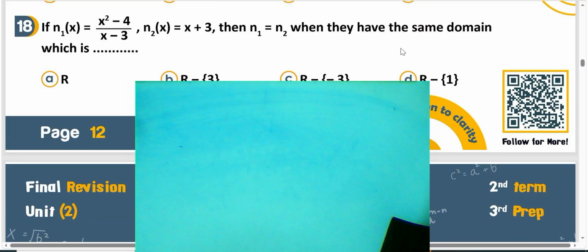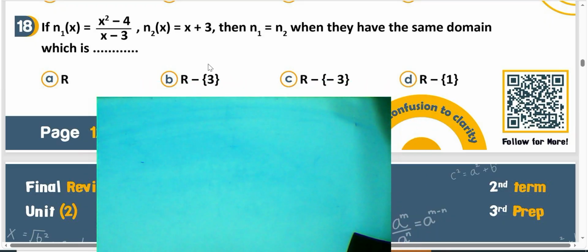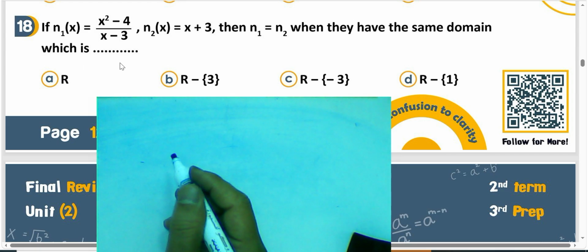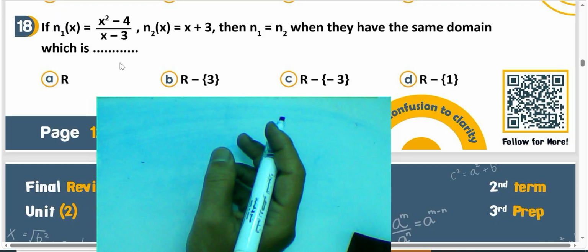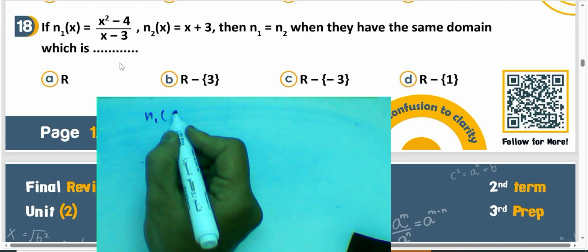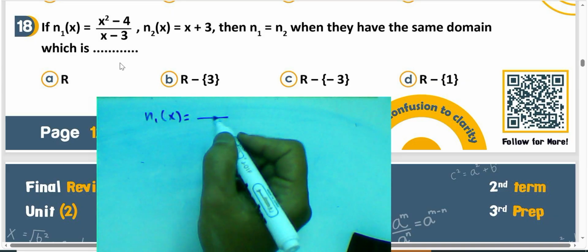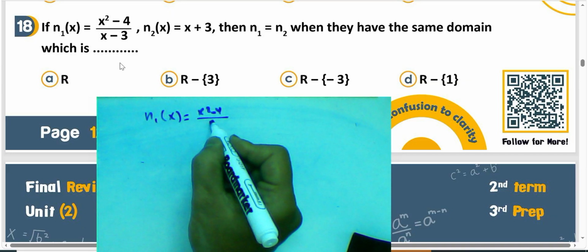Number 18. We have n of x here. It asks when n1 equals n2, that is, when they have the same domain, which is R subtract the set of 0. It asks you when n1 equals n2. Yes, we have n1. You can simplify n1. We have x power 2 minus 4 over x minus 3.